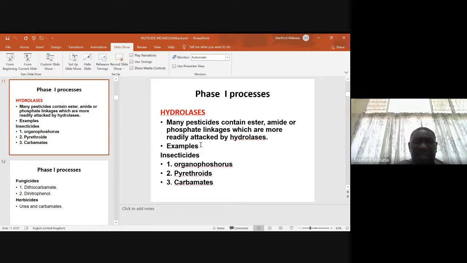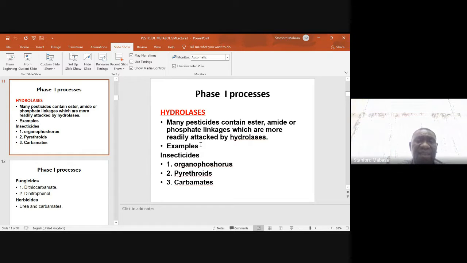So you need ester, amide, or phosphate to have hydrolysis to facilitate the breakdown of the pesticides.